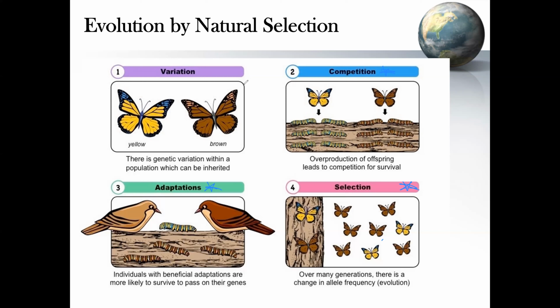But what that really means is there has to be an agent of selection, like a predator or a food shortage. So there must be an agent of selection. Okay, something that is killing off the individuals that are not as well adapted.